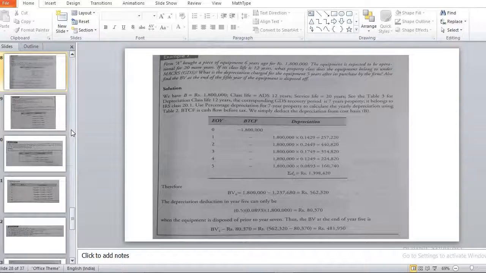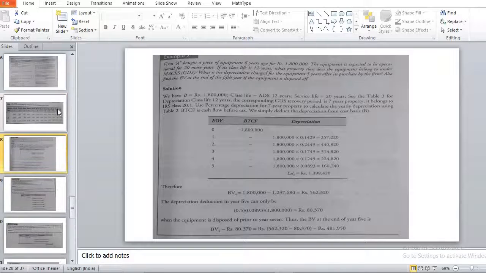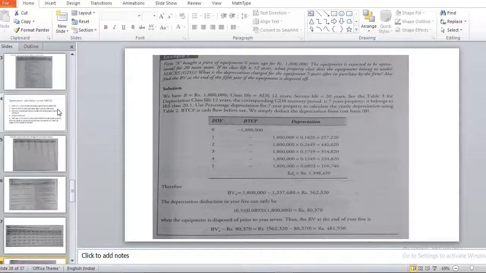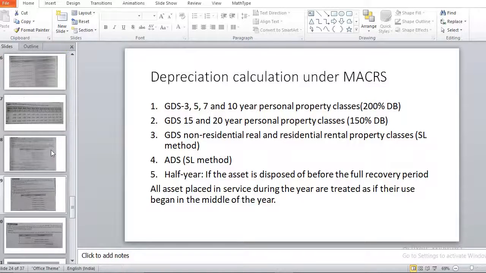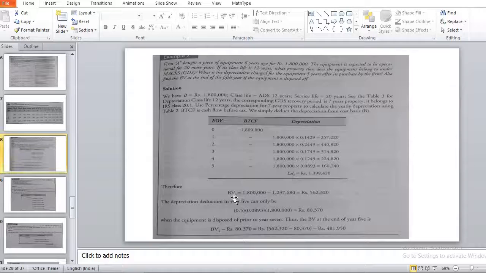As we already went through, if that equipment or machinery is disposed of before its life, in that case we consider only half of the depreciation. So here we consider that particular concept.